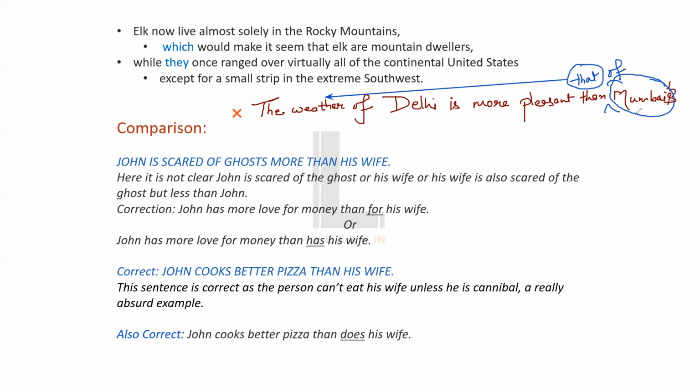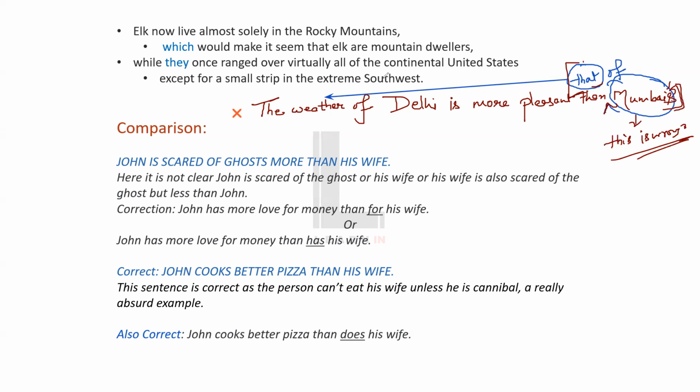So this is wrong. This that of Mumbai's is wrong. Understood? Then is not wrong. Then is correct. After than comes this. So that of Mumbai's would be wrong.